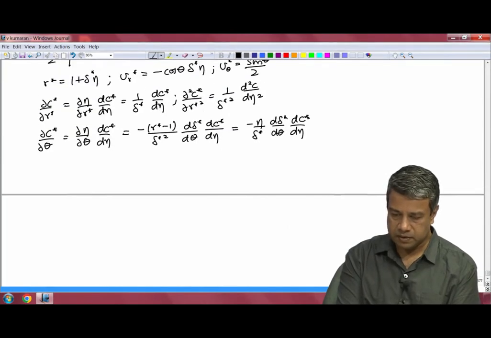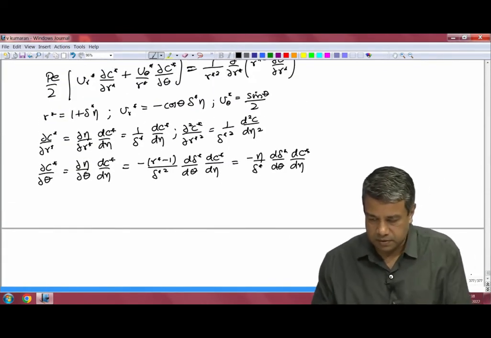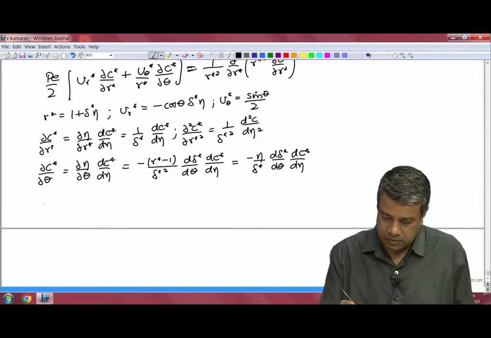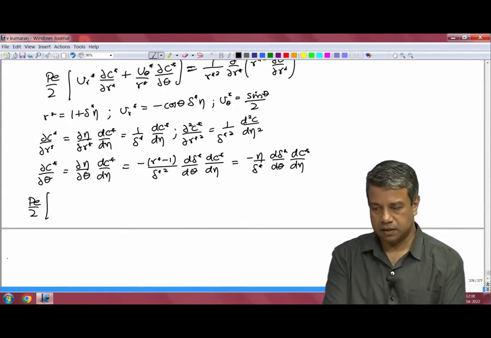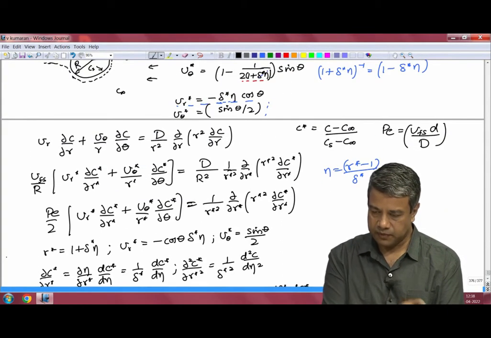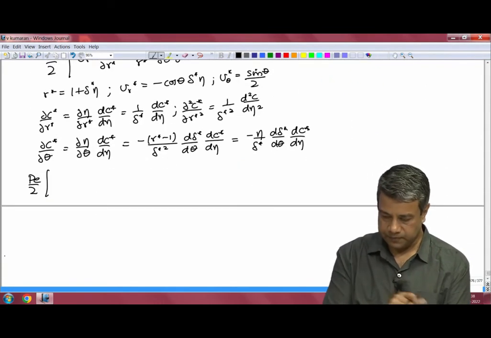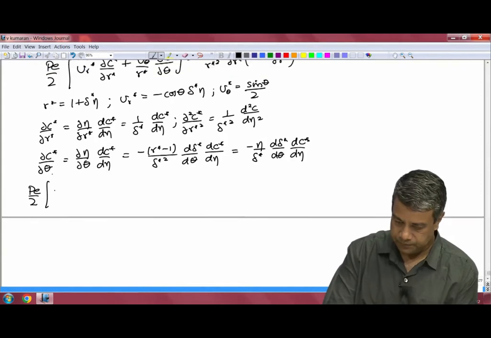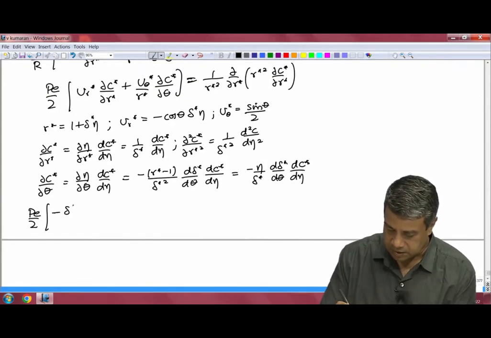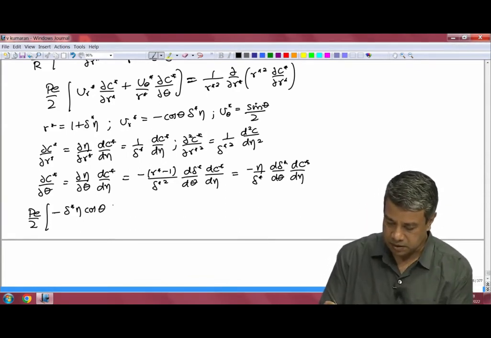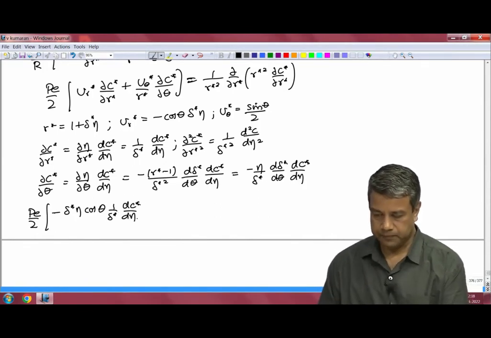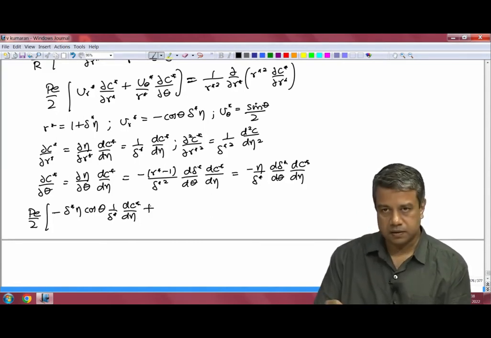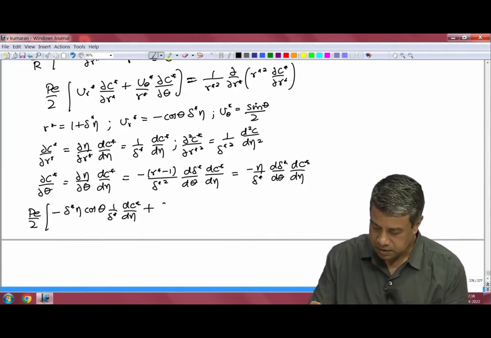And all of these have to be substituted into the conservation equation. If I substitute all of these into the conservation equation, I will get Pe by 2 into V r. V r recall was equal to minus delta eta cos theta. So, this is equal to minus delta star eta cos theta, into partial c by partial r, which is 1 over delta, dc by d eta, plus v theta.